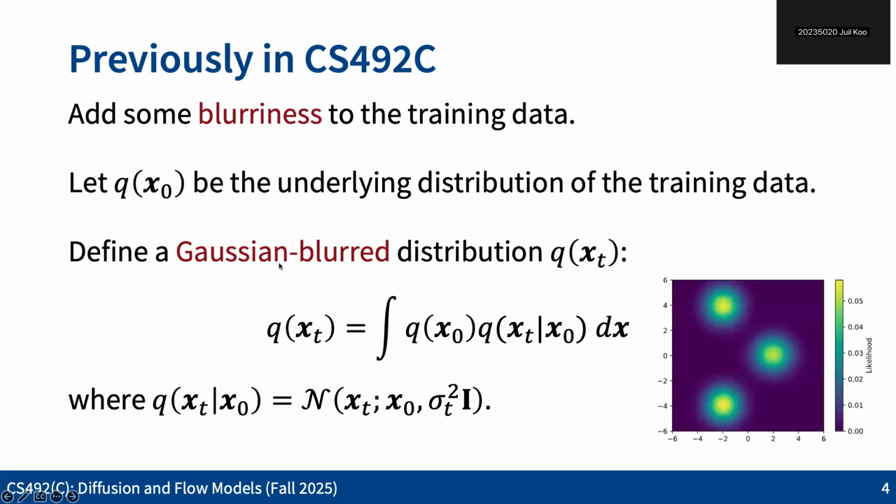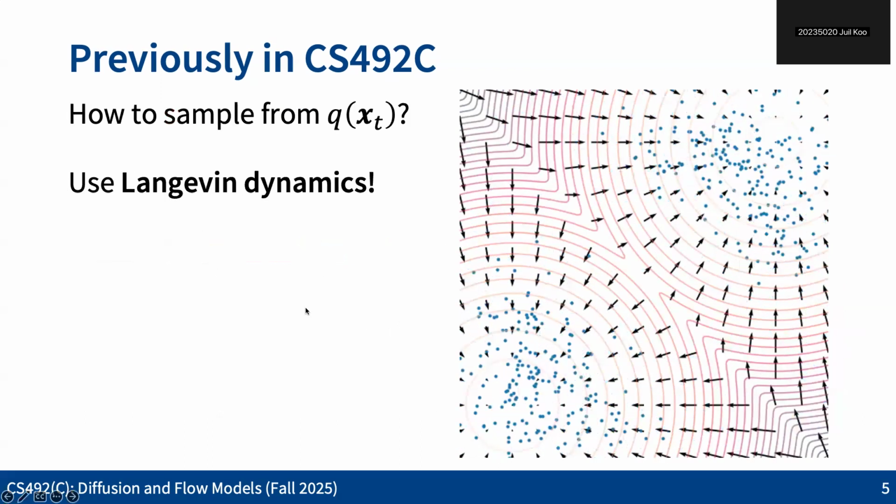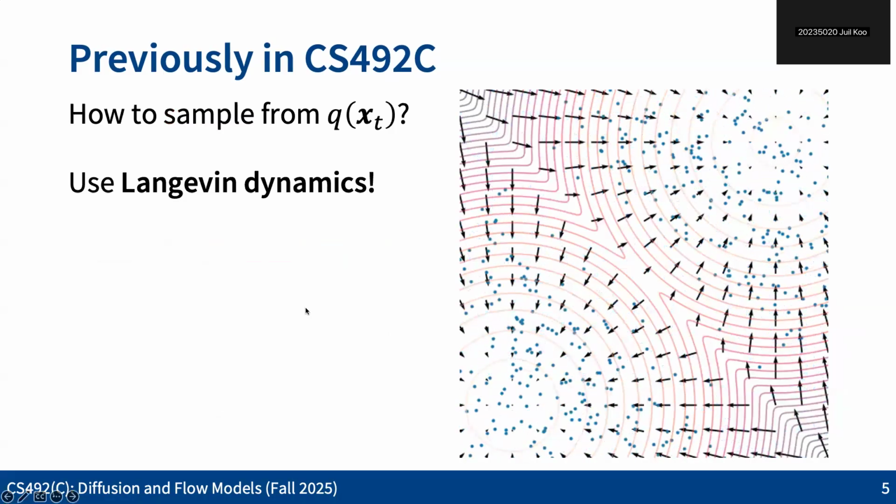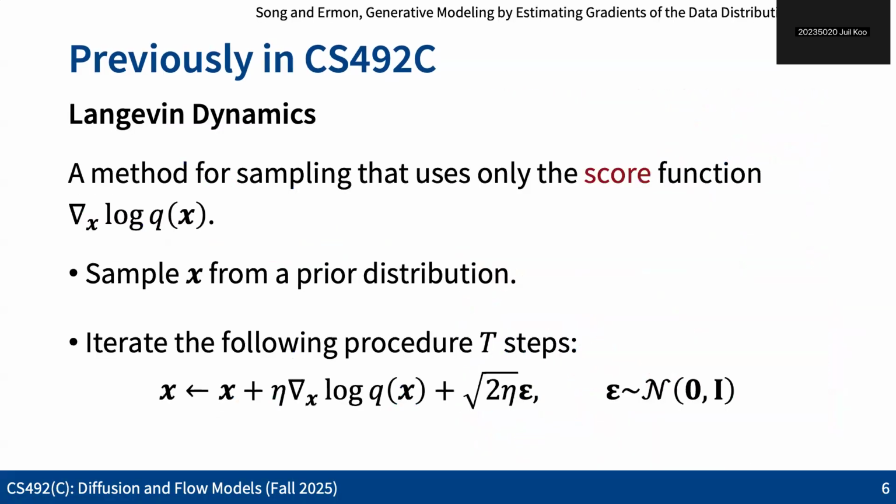So the question now is, how can we sample from this new data distribution, q(x_t)? For that, the basic idea was to leverage Langevin dynamics, which was a very good idea in that we don't need to directly have the information of q(x_t). We just need some information of the score function.